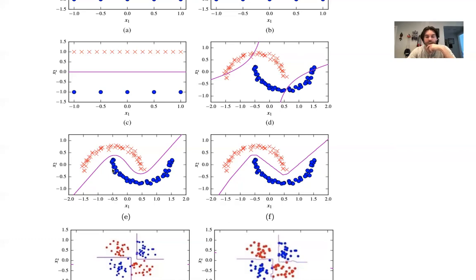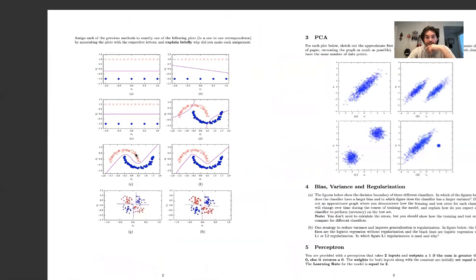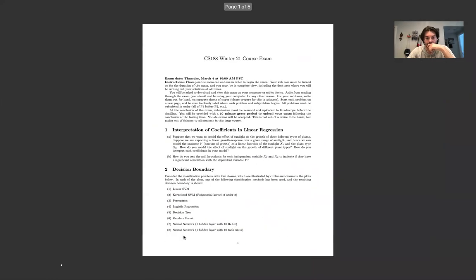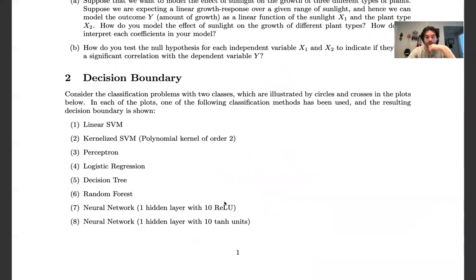The final thing for us to figure out is we have these 2 things here that look like neural nets. And for that, really what it boils down to is the difference between the activation functions. So ReLU and TAN. Does anybody quickly remember what either of those outputs are?